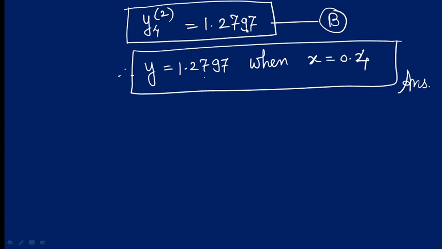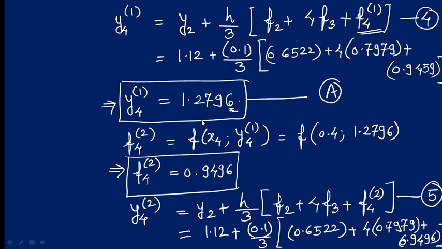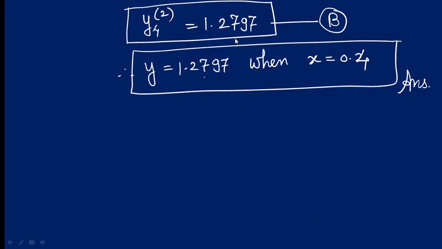Now the previous value is 1.2796 and here 1.2797. The difference between these two consecutive values, y4 of 1 and y4 of 2, is less than 0.0005. Therefore we stop the iteration, and the final value of y is 1.2797 when x equal to 0.4.